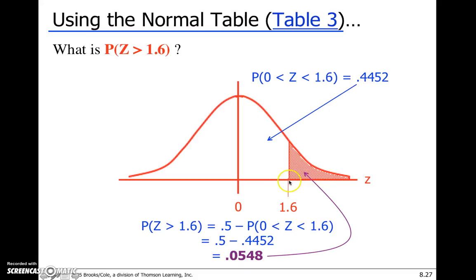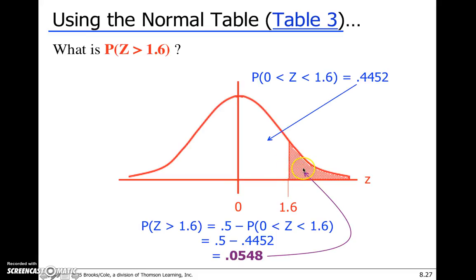We can find the probability that z is less than 1.6 and greater than 0, between 0 and 1.6, which is how the table reads. This area is 0.4452, read from the tables. By symmetry, the whole area to the right of the 0 is 0.5.